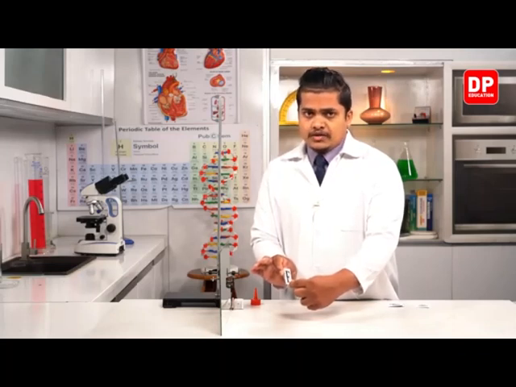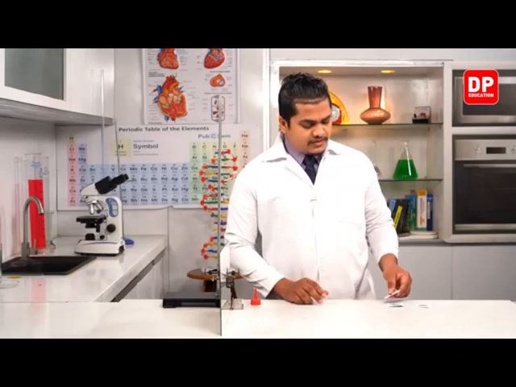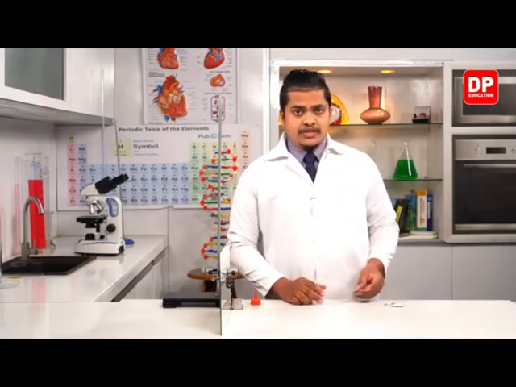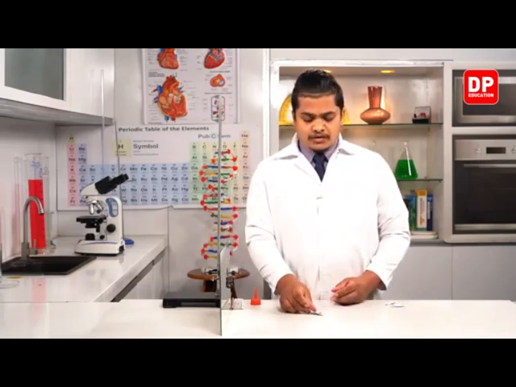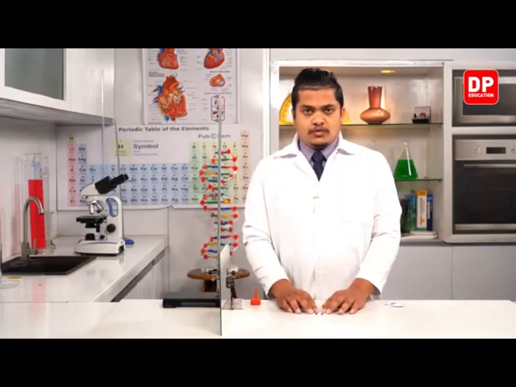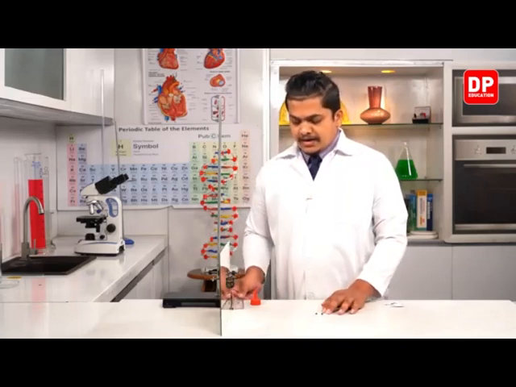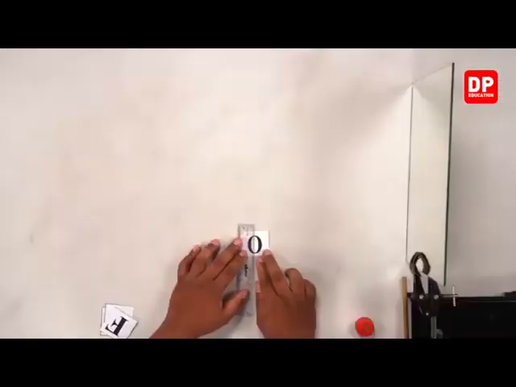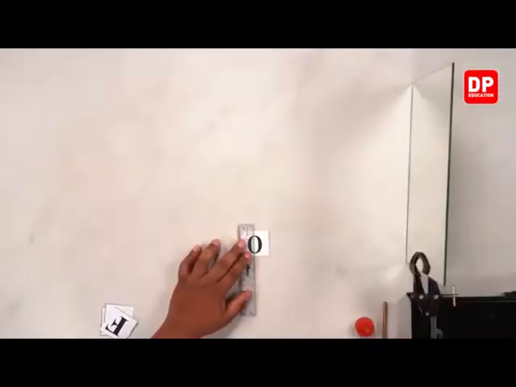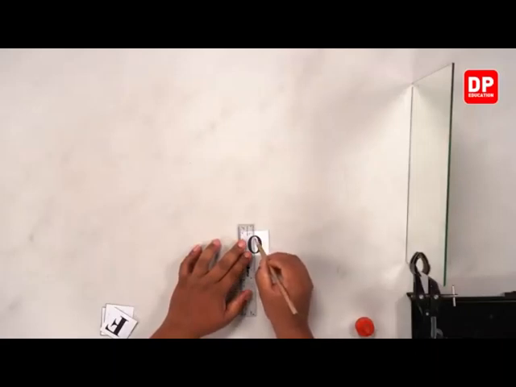Okay. So, in order to observe this left and right switching, I'm going to use this letter O once more, and let me color one half of the letter O by using this pencil.